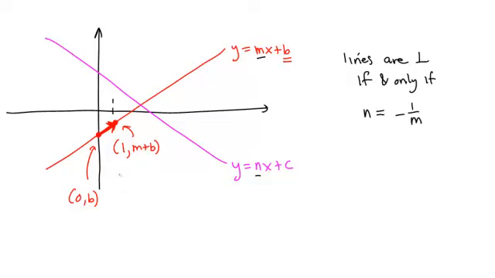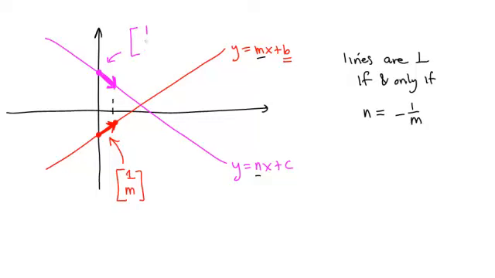So since I know the tail and I know the tip, I know what this vector is. Its x-coordinate increased by 1, and its y-coordinate went from b to m plus b, so its y-coordinate increased by m. And so that's this vector right here. Now if we were to do the same thing, start at the y-intercept, go 1 unit over, and identify this vector right here, then this vector is going to be 1, n.